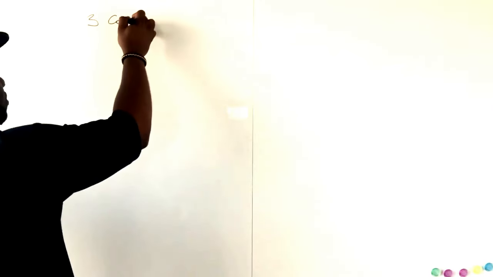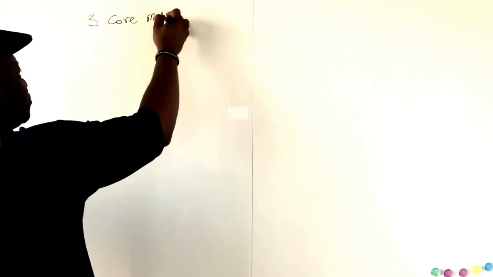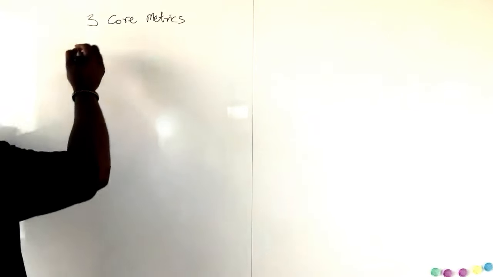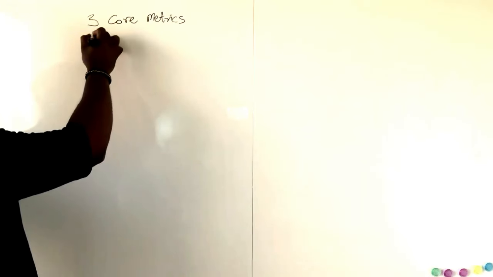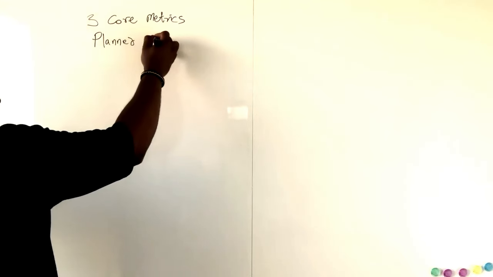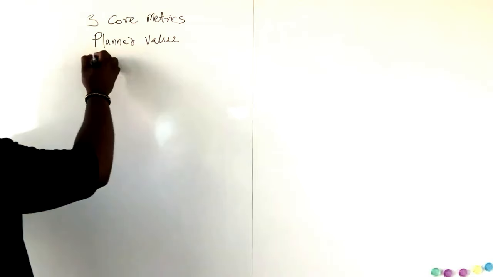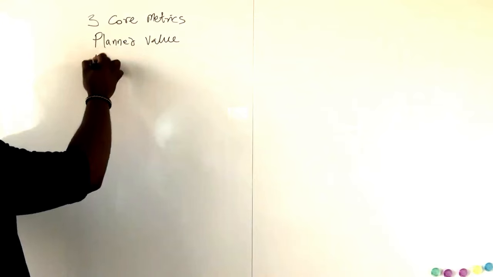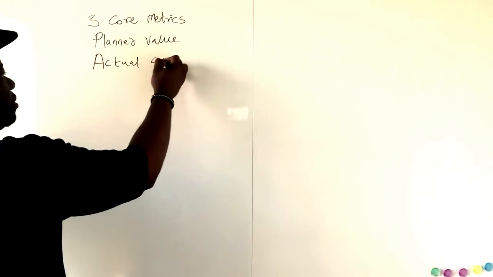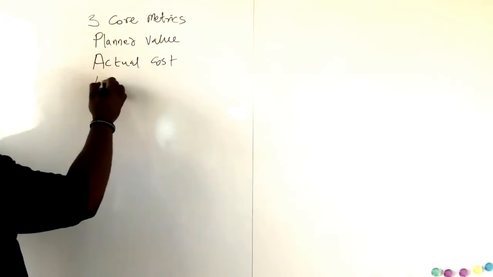And the three core metrics are as follows. You have planned value, you have actual cost, and you have earned value.